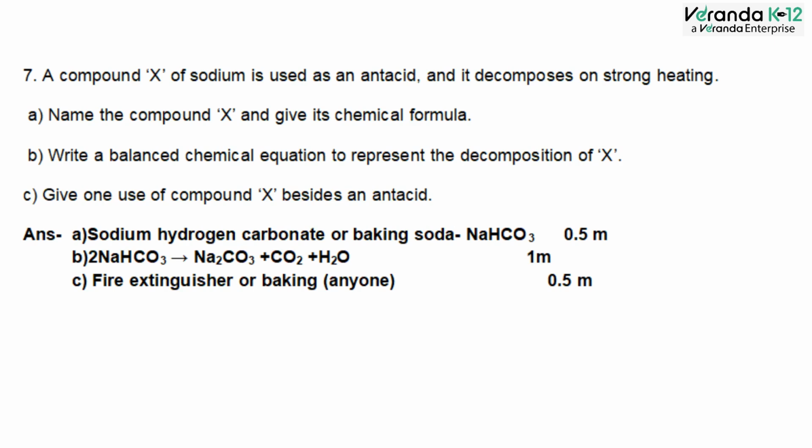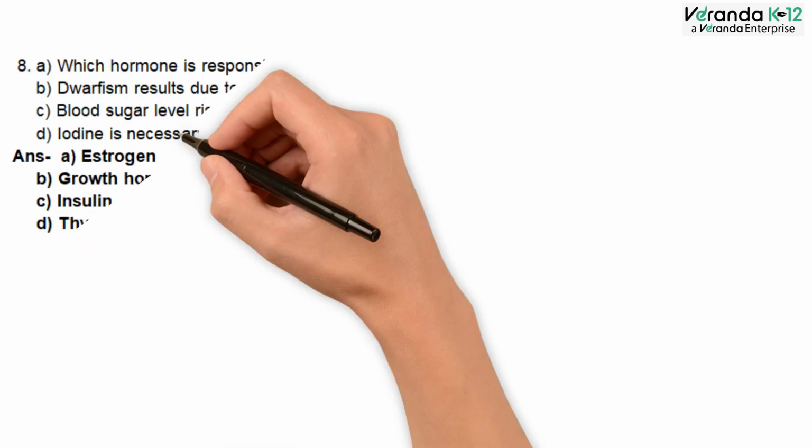Question B. Write a balanced chemical equation to represent the decomposition of X. Answer will be 2NaHCO3 arrow Na2CO3 plus CO2 plus H2O. Question C. Give one use of compound X besides an antacid. Answer will be fire extinguisher or baking. Any one option will be correct.